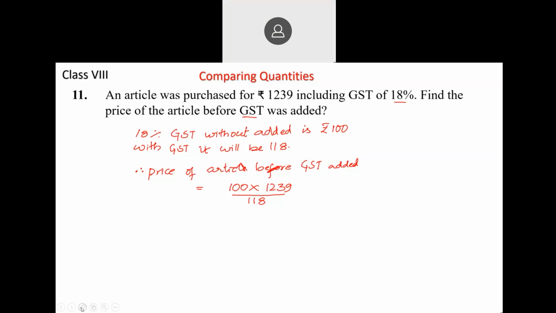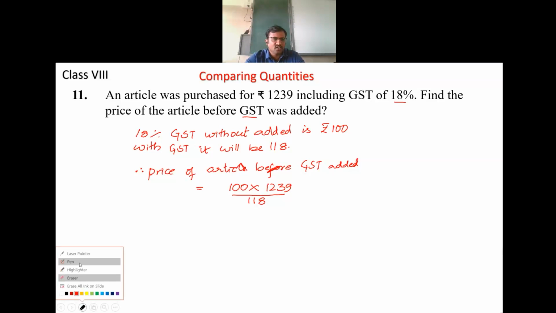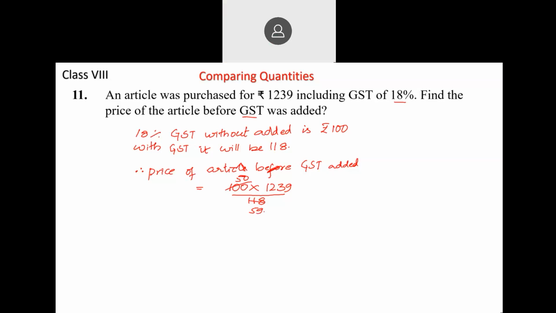We can divide 118 by 2, and 100 can be simplified. 50 into 2 is equal to 100. Then 118 divided by 2 is 59, and 50 times.